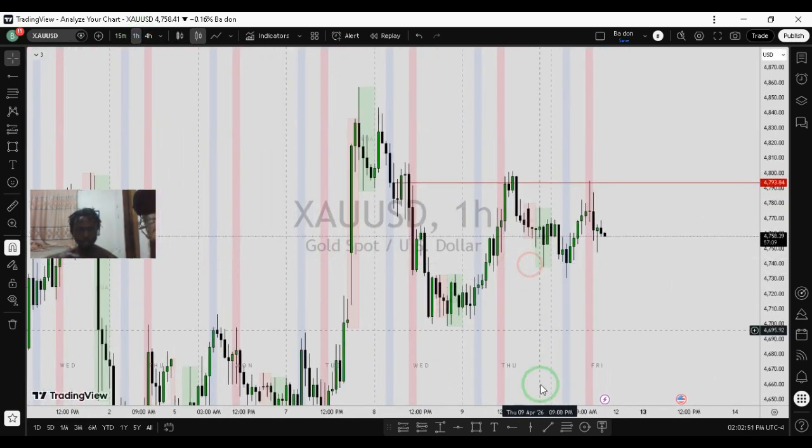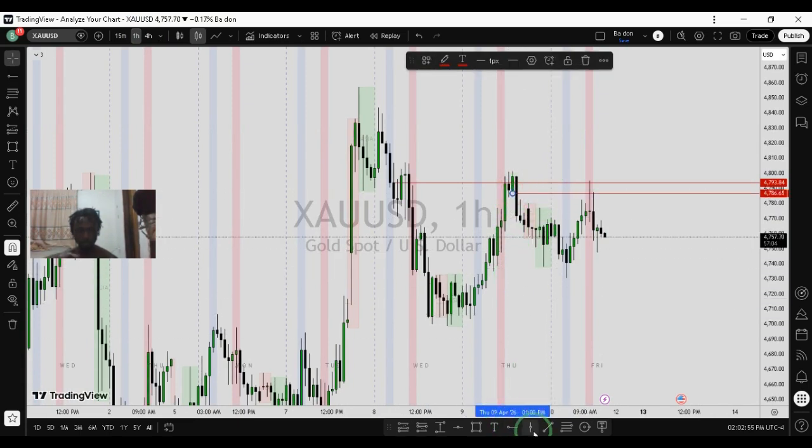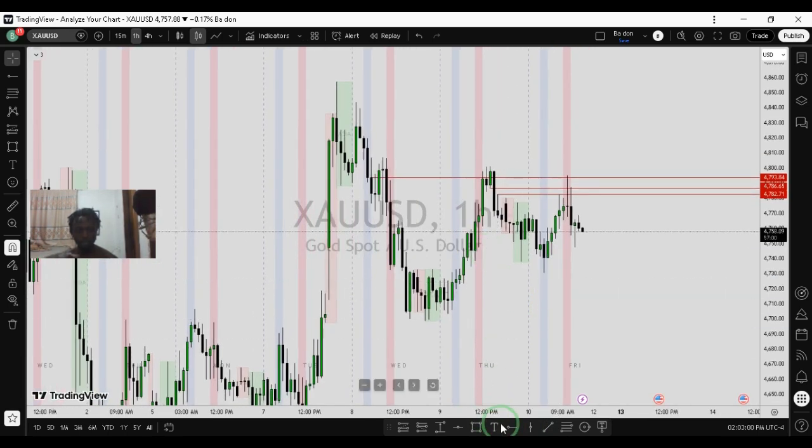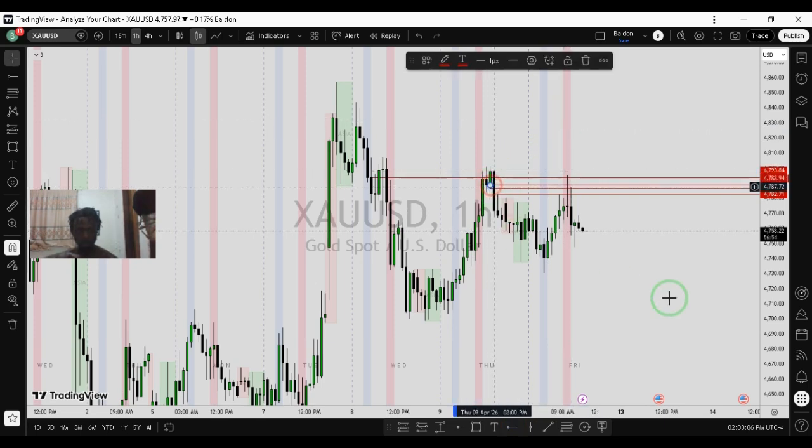As you can see, we had the injection, we had the fair value gap right here after the order block was formed. Beautiful stuff, right? And this validates our order block.